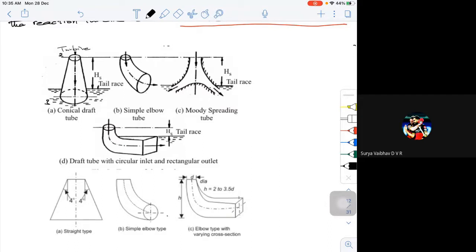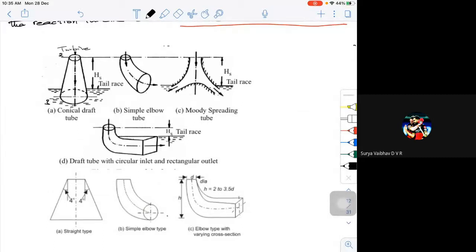Then you can see that the same conical draft tube, if I bend it a little bit like an elbow, it is called an elbow type of draft tube. And you have a similar kind of Moody spreading draft tube. That means one inlet, and we try to recover the energy.